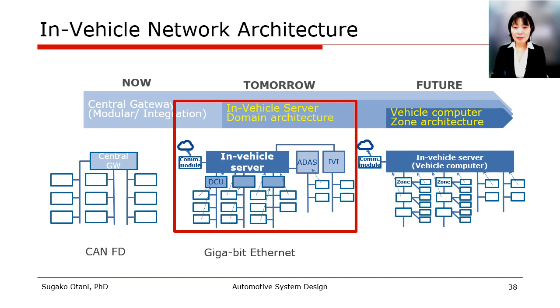For full-time cloud connection, an in-vehicle application server will be introduced so that network traffic can be suppressed effectively. In the future, the architecture will evolve to the vehicle computer zone architecture stage, which is expected to further increase the amount of data transferred.